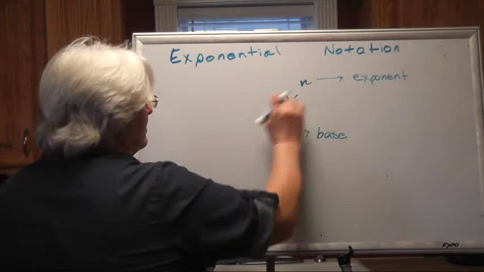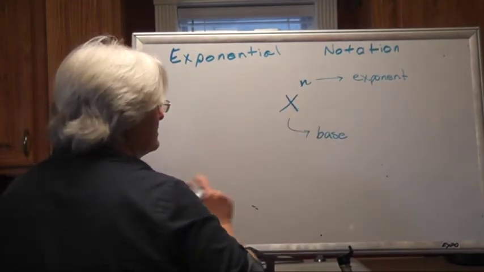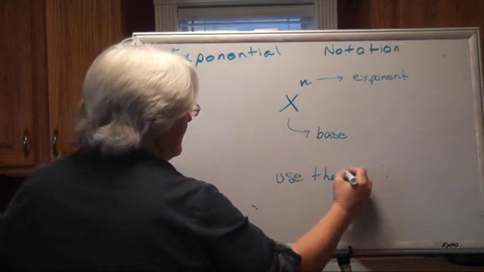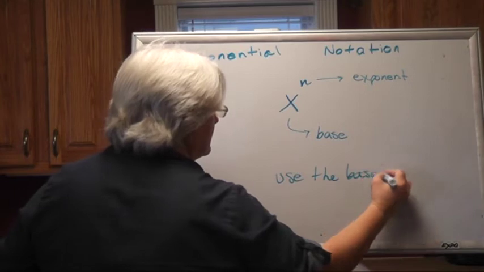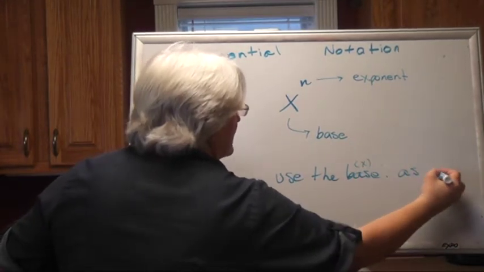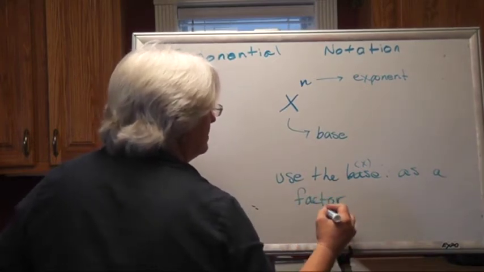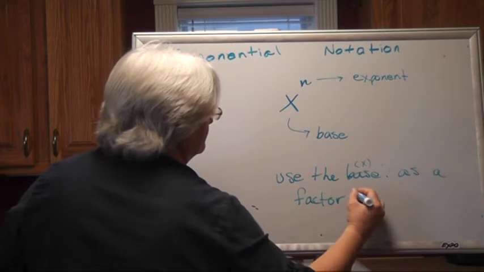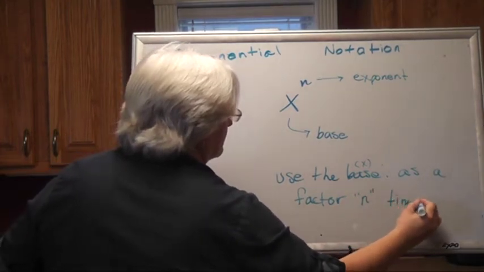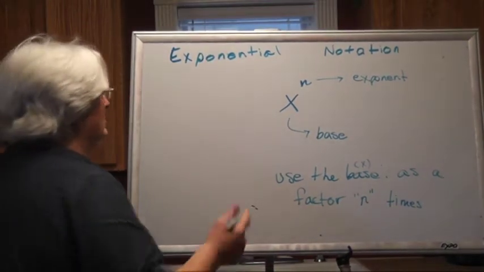But what this means is take whatever the base is and use the base, which is x, as a factor n times. Pretty abstract, isn't it? But you'll learn to think this way.